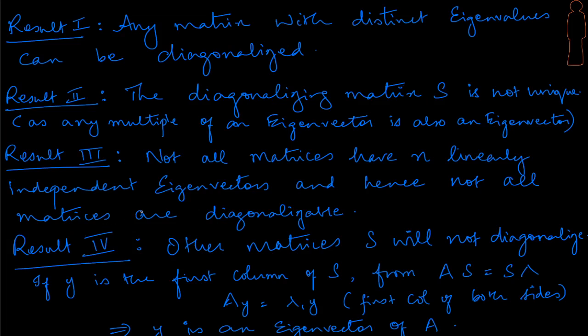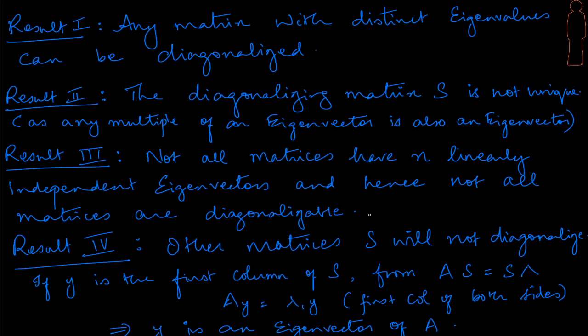The third result: not all matrices have n linearly independent eigenvectors, and hence not all of them are diagonalizable. Something like saying, when we have a matrix, do we always have a solution for Ax equal to b? No. For a square matrix, if the inverse exists, then we talk about a single solution existing. Similarly, there are matrices that we can diagonalize, and there are matrices that we can't diagonalize. And here is the important criterion to figure out when a matrix is diagonalizable.